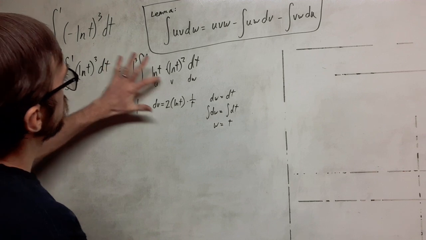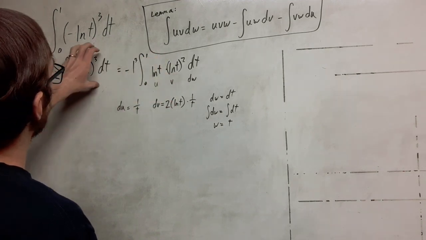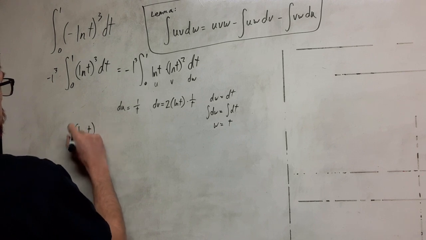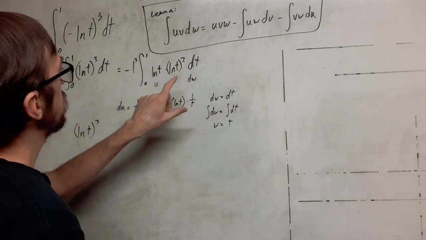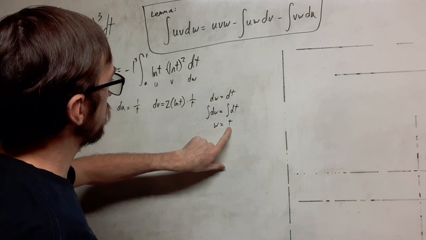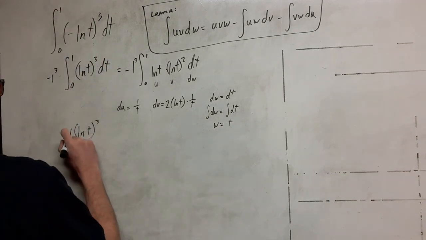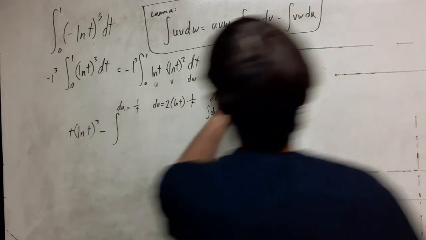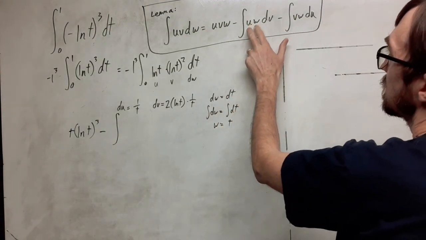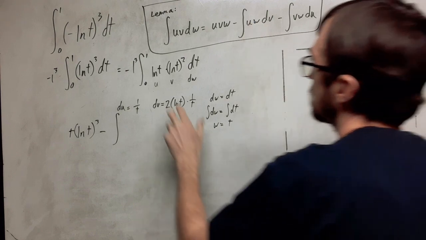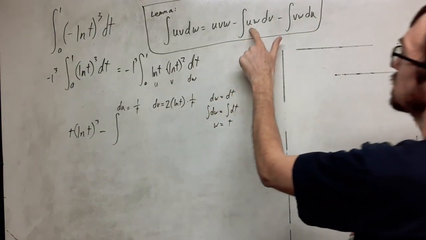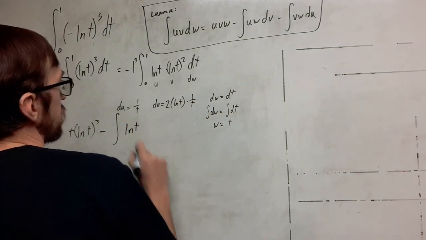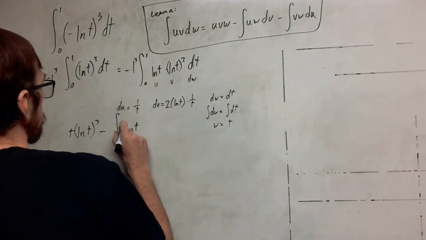U again is this, V is this, so it's this original piece, the log of t cubed, times W, which is t. And then from that, we're going to subtract the integral of U times W. So U again was log t, W is t.